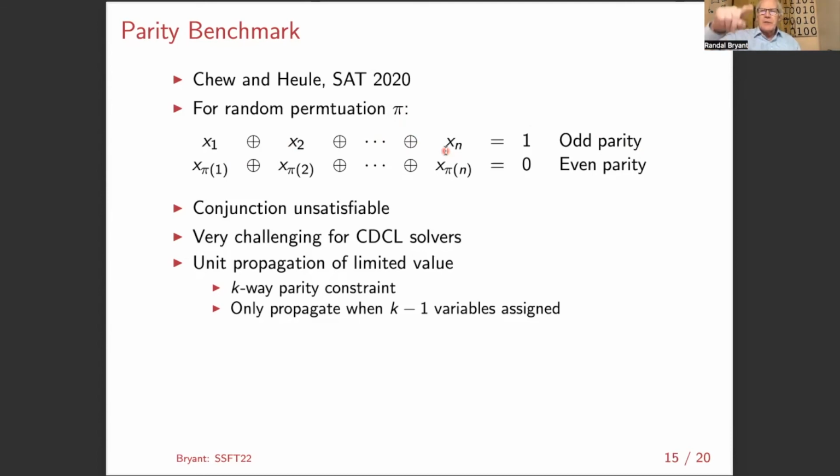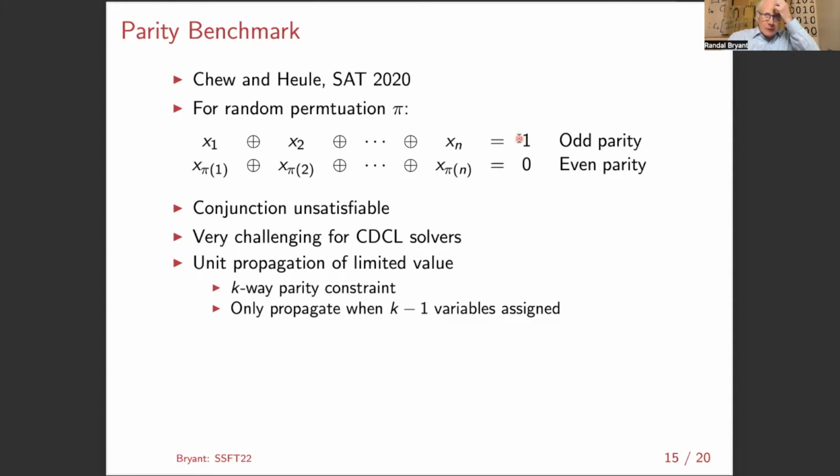So the search is just going to go over and over again down, making choices, and only at the nth step learning anything, and each of the resulting clauses will be initially over n minus 1 variables and then slowly getting shorter.